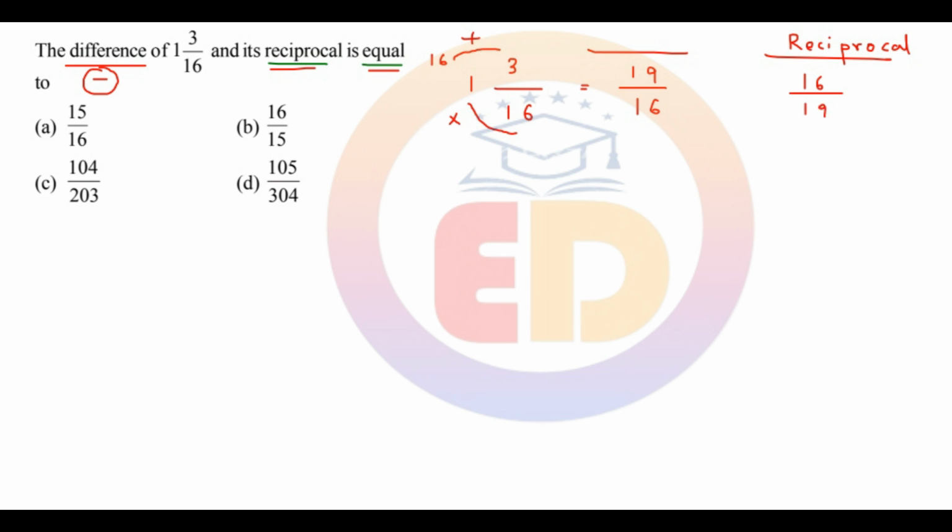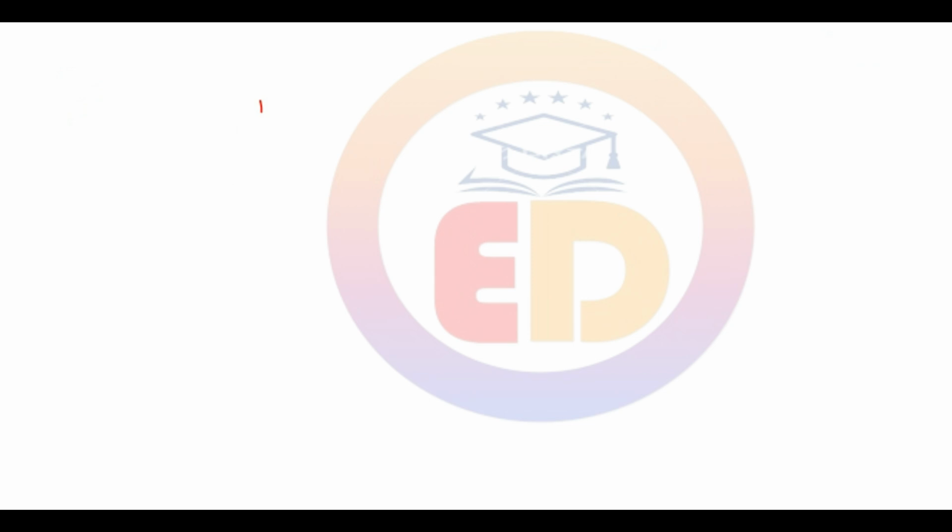The actual method of getting the reciprocal of 19 upon 16 is 1 upon 19 upon 16, which actually becomes, this 16 will go to the numerator and my denominator will be 19. One moment, friends.